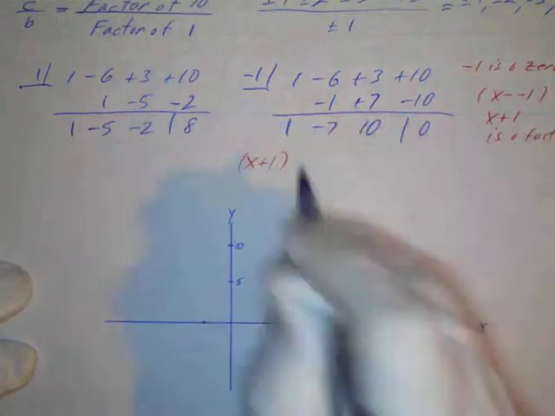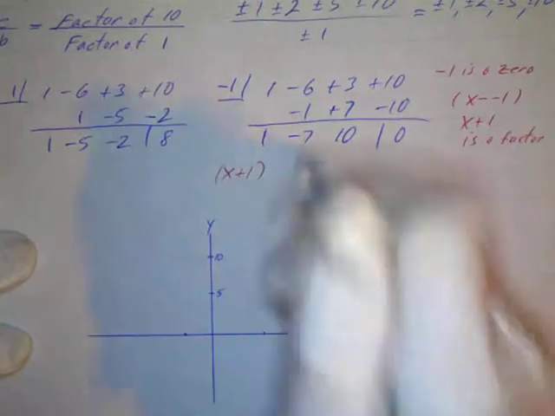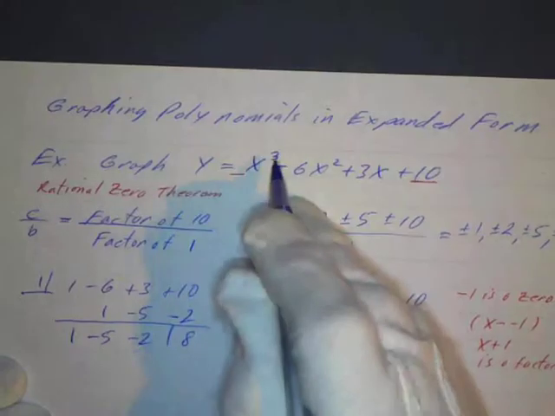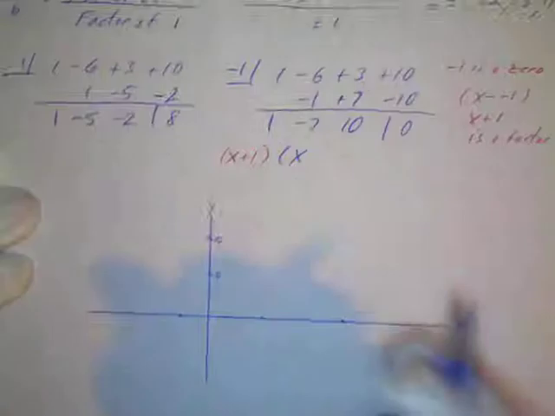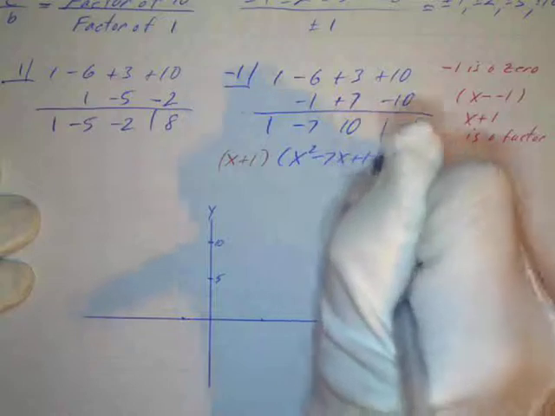And the other factor is my reduced equation. Now remember, since this was a cubic, I go 1 less into the third power, and this is going to be x to the second. I mean, 1 less than 3 is 2. So I'm going to go x squared minus 7x plus 10.